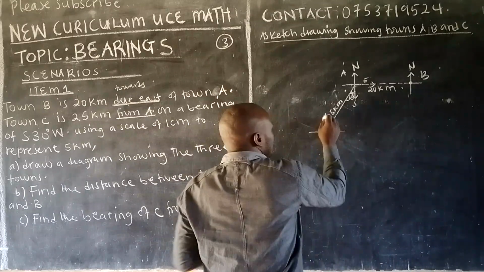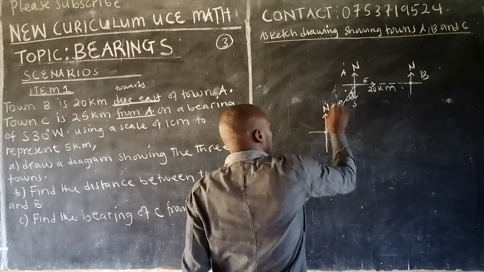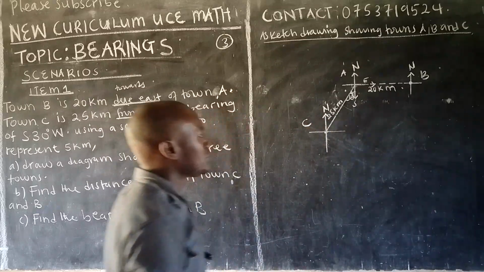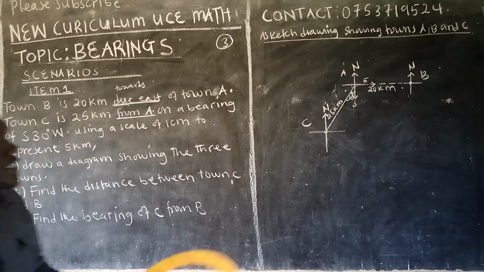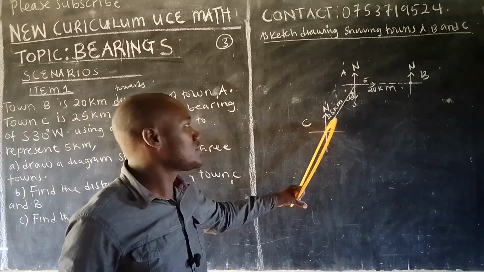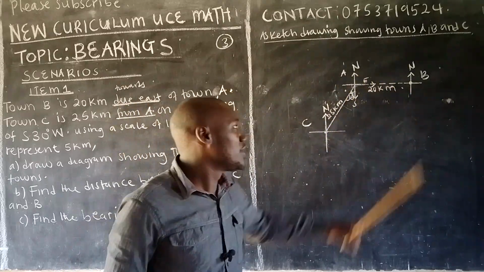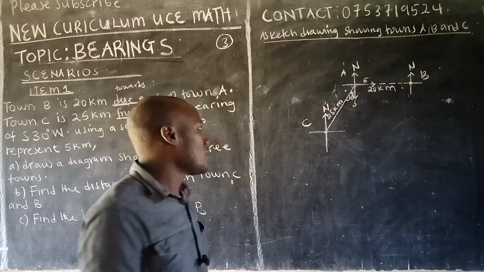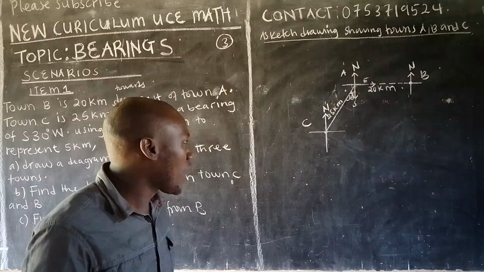Don't always forget this north, like that, north. Now that is our town C. The distance from A to C is 25. The distance from here to here is 20 kilometers, and that is our sketch.